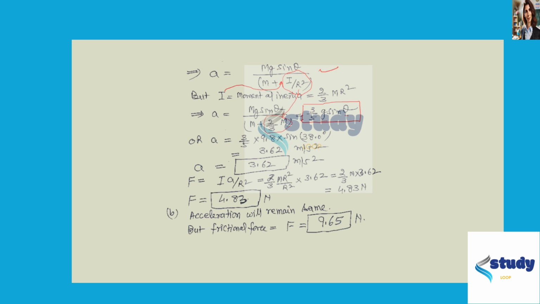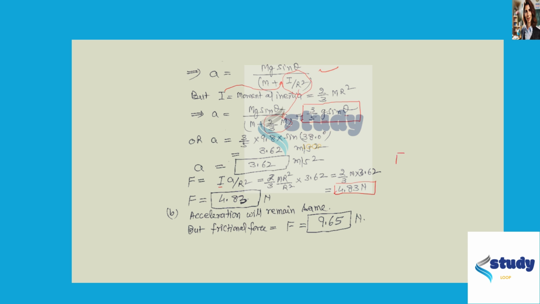From the previous slide, we found that the friction F is Ia over r squared. Remember the inertia is 2 over 3 m. So you can do the substitution and your friction is going to be equal to that.